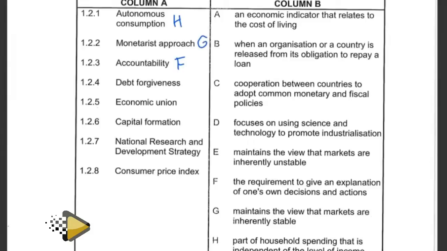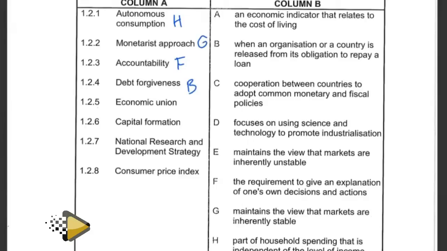So if we check, the appropriate answer for 1.2.4 is going to be B. When an organization or a country is released from its obligation to repay a loan, that is debt forgiveness. This country is being forgiven in terms of paying its obligations. So it means that this is going to be a bad debt because it is going to be written off before being settled. Okay, right, grade 12s.